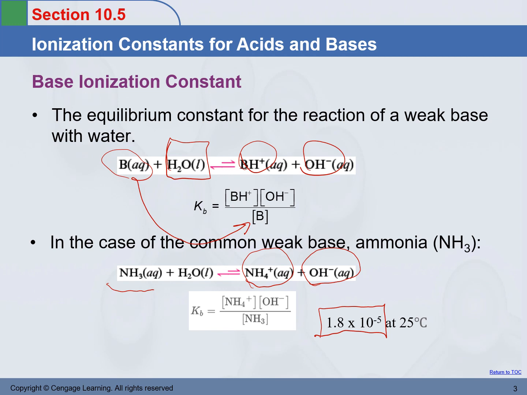And one reason that Kb, or the strength of a base, is not as important as that of the acid is that the strength of a base can be evaluated by the strength of its conjugate acid. The stronger the acid, the weaker its conjugate base.